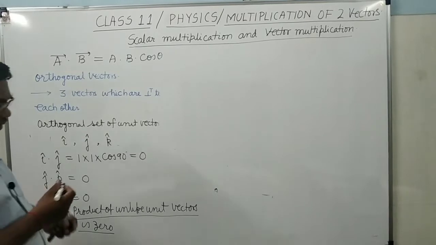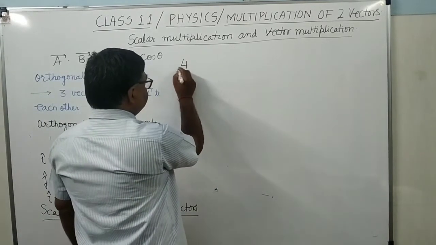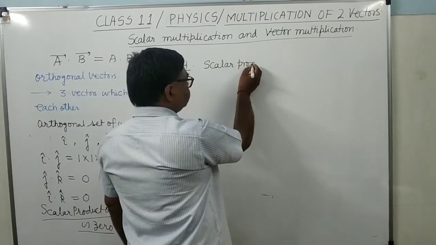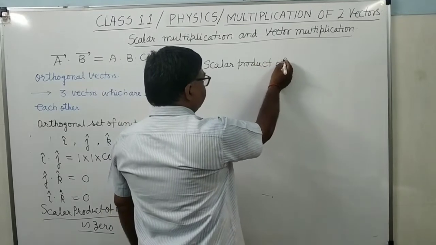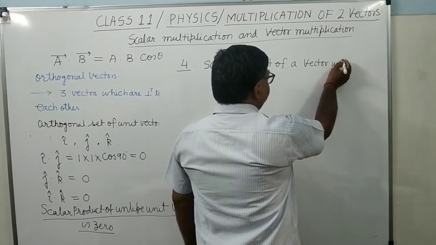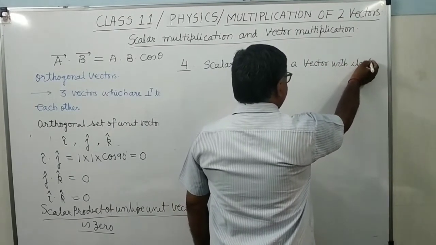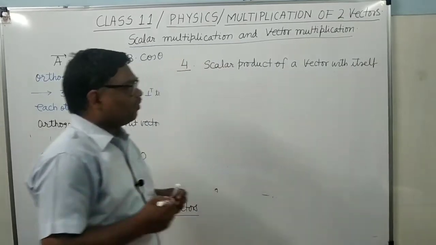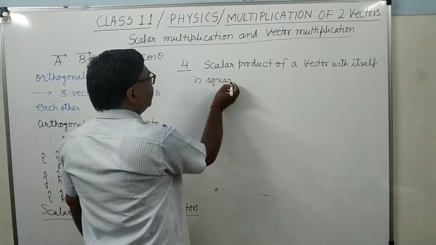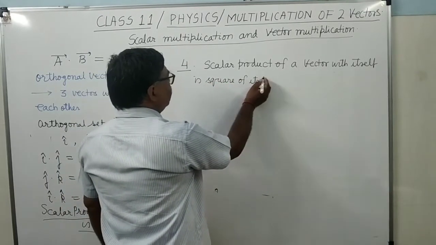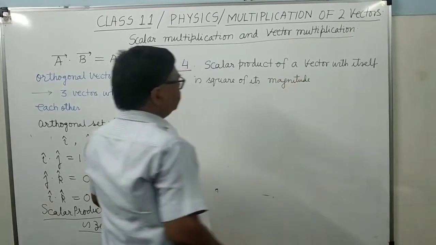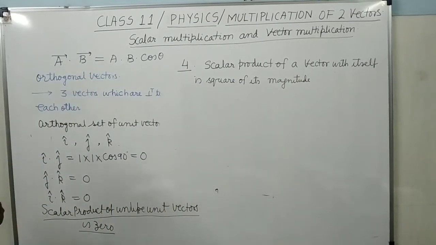Now see here, after this there is one more property: the scalar product of a vector with itself is the square of its magnitude. Is it clear?